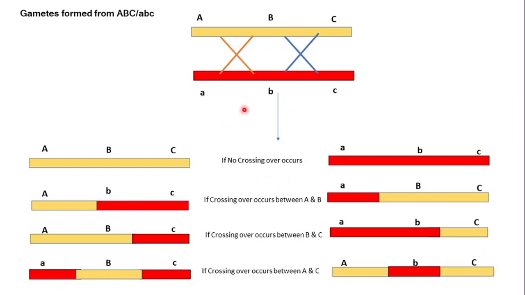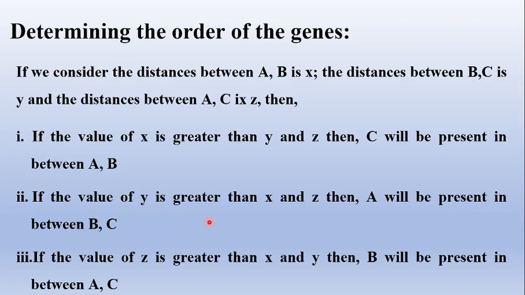But as these genes are linked, then definitely deviation occurs. So the test cross formation of progeny will be in a different manner.